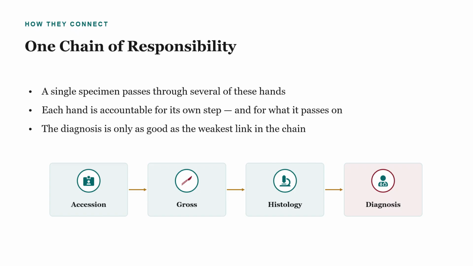Histology has to pass quality slides to the pathologist. And that means the diagnosis is only as reliable as the weakest link in the chain. This is why your work matters even when a task feels routine. A weak link anywhere can compromise the whole case. You are one of those links, and a strong one is what patients depend on.